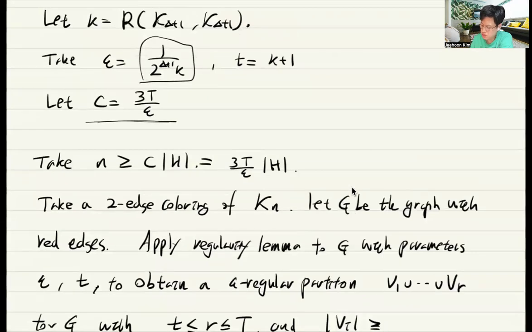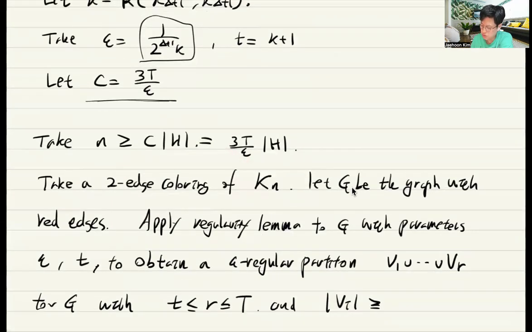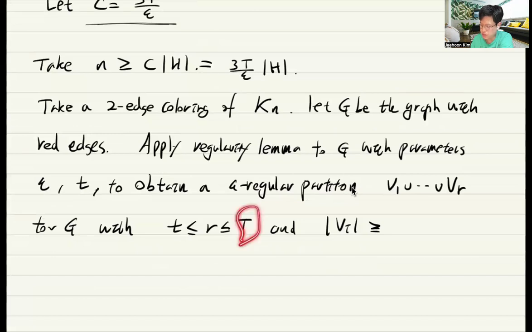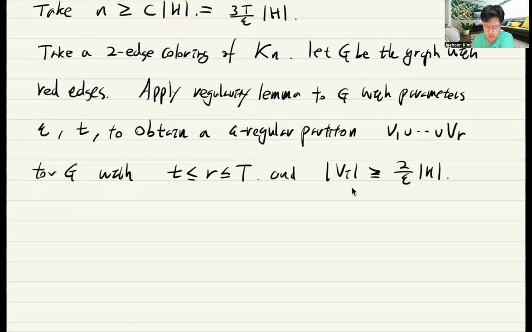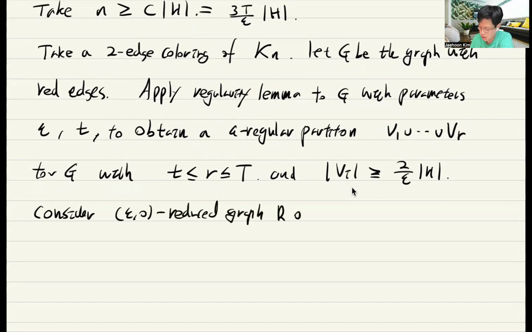The number of parts is at most T, so each is at least 2 over epsilon times the number of edges in H. So we consider the epsilon-0 reduced graph R on the vertex set [R].